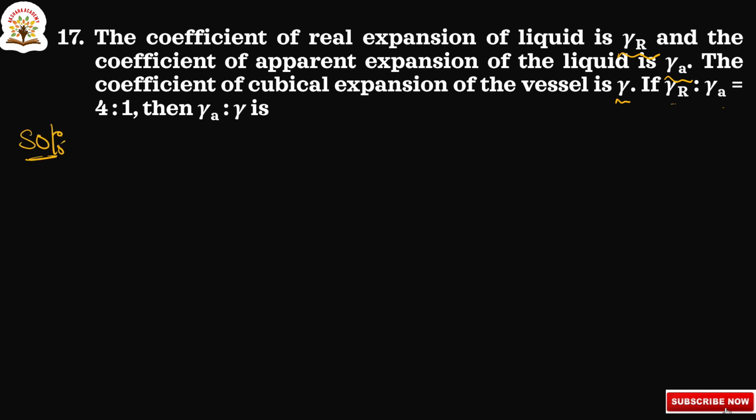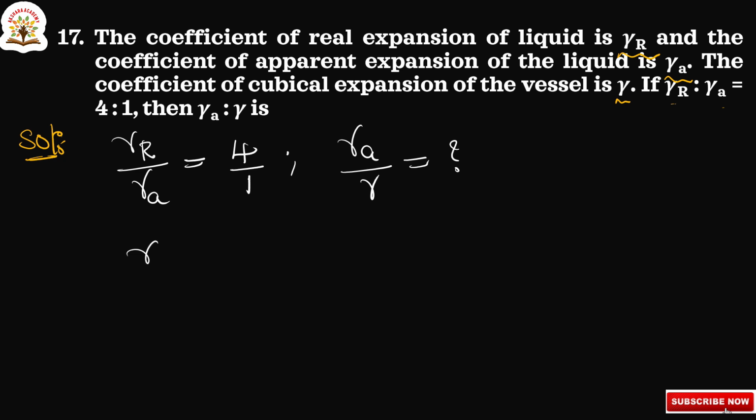Here given gamma R by gamma A is equal to 4:1. We have to calculate the ratio of gamma A by gamma. From this we can write gamma R is equal to 4 gamma A. Gamma R is equal to gamma A plus gamma.